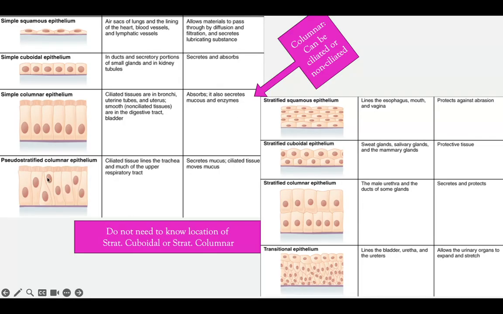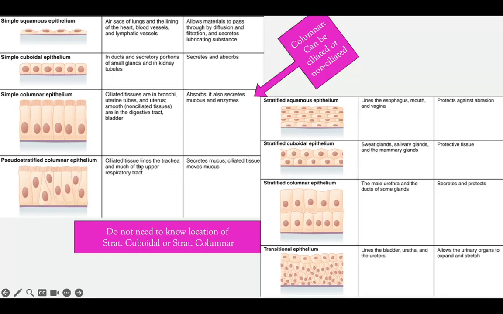And that's where the cilia play in. Then we have that weird one, pseudostratified. It looks like it's multiple layers, but we know that it's not because every single cell is touching the basement membrane. Anytime we have pseudostratified, you can automatically put columnar. We only see pseudostratified with the columnar cell shape. These are either ciliated or non-ciliated as well.